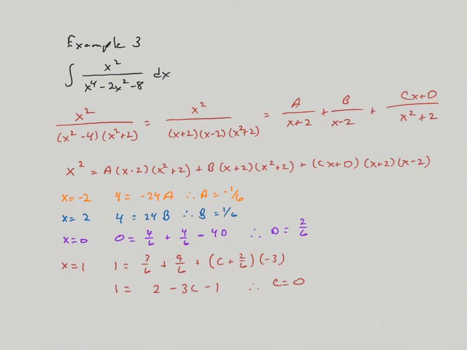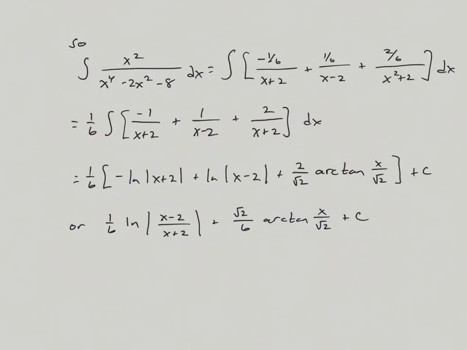So what that means is that the integral of x squared over x squared minus 2x minus 8 dx comes out to be equal to the integral of negative 1/6 over x plus 2, plus 1/6 over x minus 2, plus 2/6 all over x squared plus 2 dx.